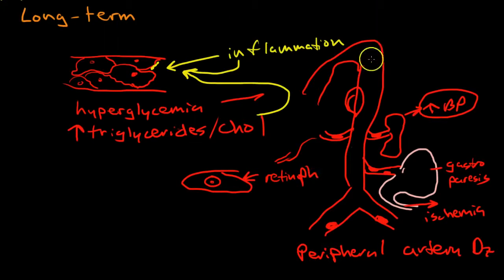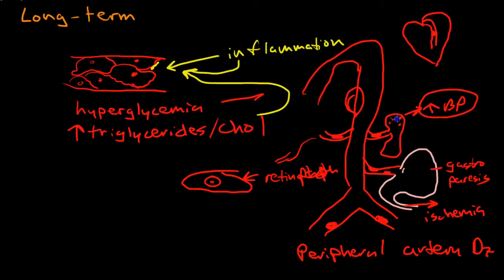Oh yes, and I can't forget the heart. Of course, it can cause coronary artery disease as well by causing plaques within the coronary arteries. So it's the same process throughout the body in large arteries and small arterioles that are causing all the macrovascular disease, coronary artery disease, aortic disease, renal artery stenosis, mesenteric artery disease, and also microvascular disease, which can cause retinopathy, and it can also do further damage to the kidneys.